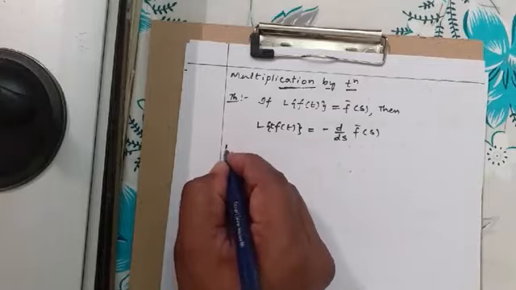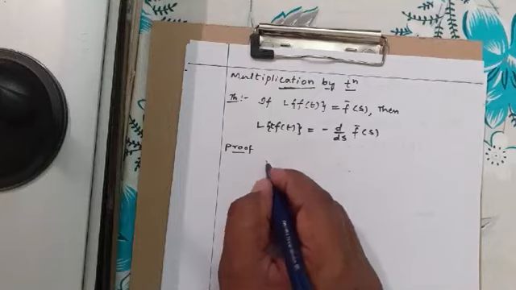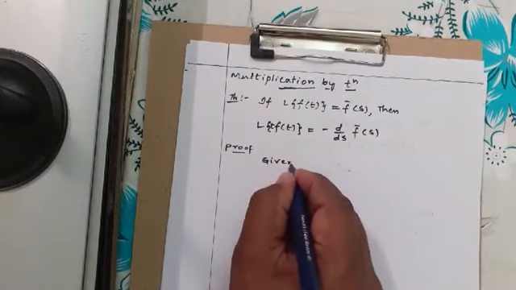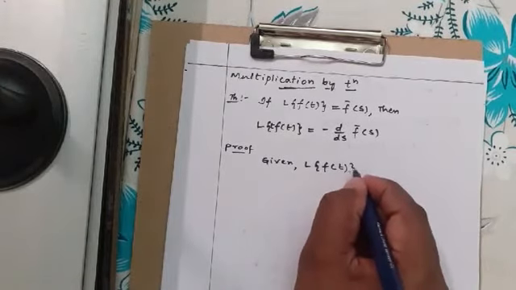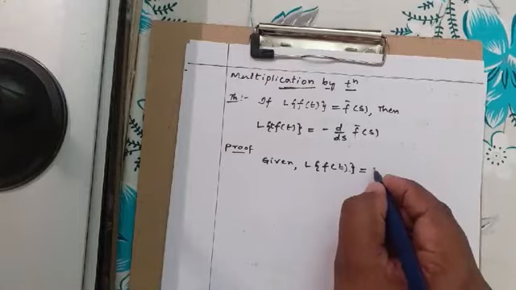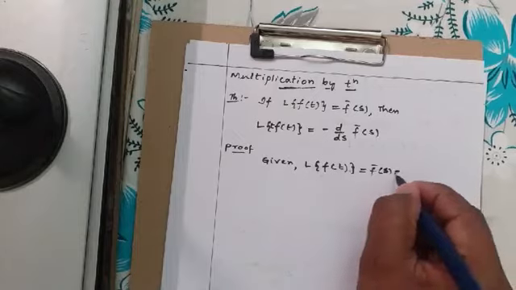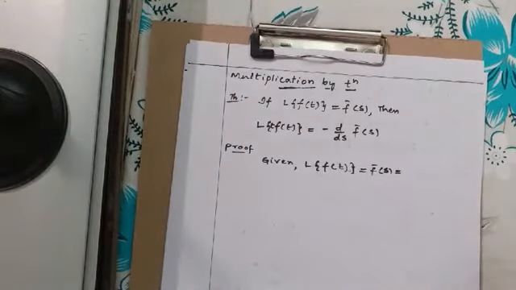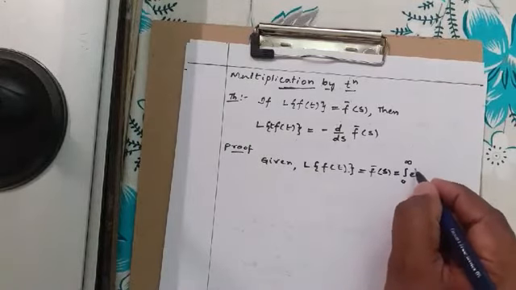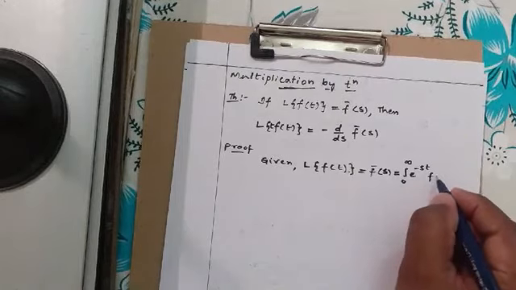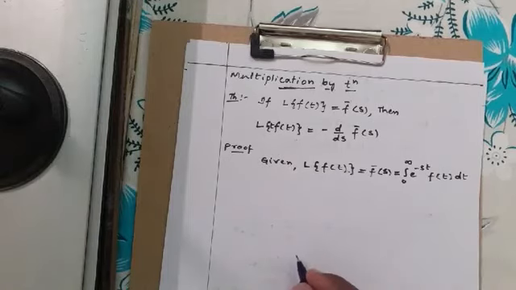Now let us have the proof. In the proof, first we write given. Given is nothing but Laplace of f of t is equal to f bar s, which is equal to integral 0 to infinity e power minus st f of t dt. So you know this.